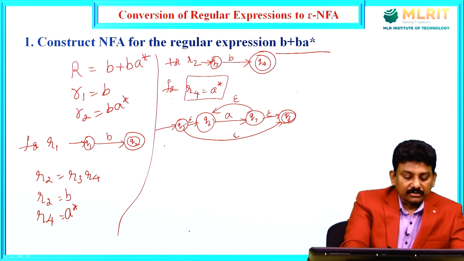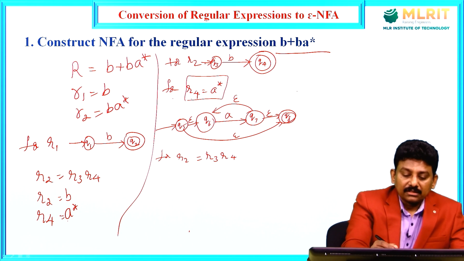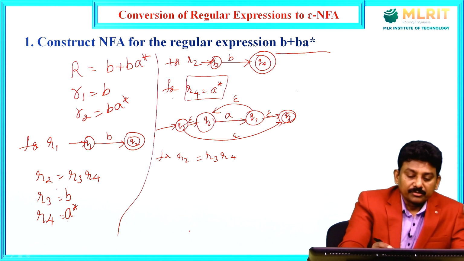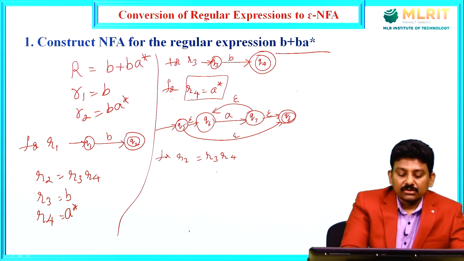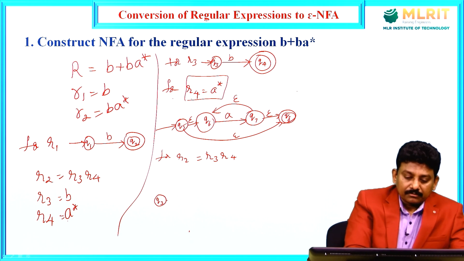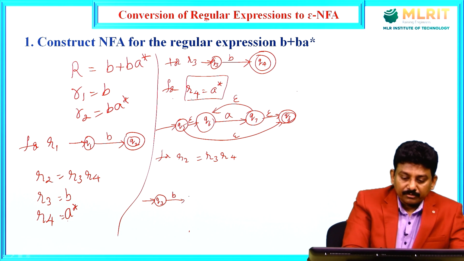Next, R2 is R3 concatenated with R4. R3 is equal to B. R3 is this diagram, then Q3 has a transition on B to Q4.